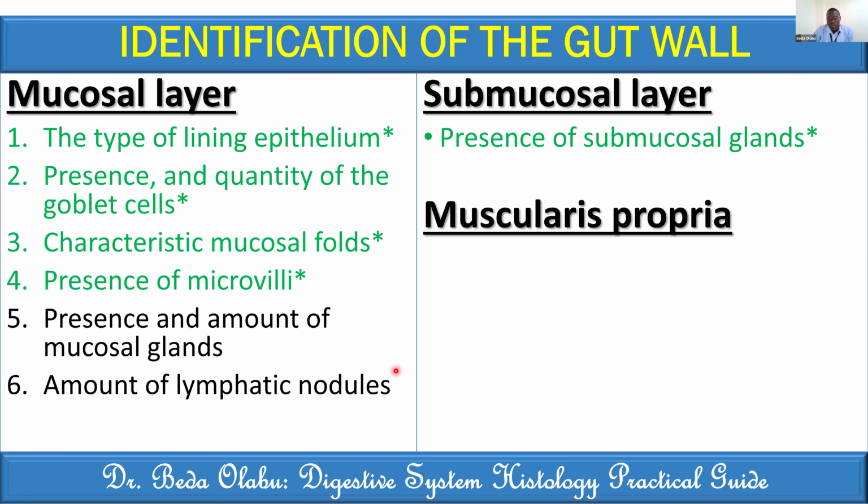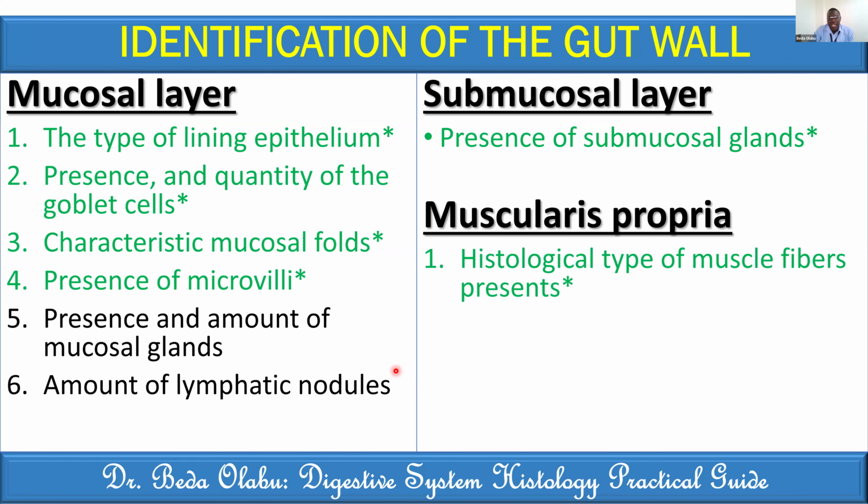For the muscularis propria, two things that I'll highlight, but I'll mention four. So the histological type of the muscles present is a key thing. If you see striated muscles and you know you're on the JT, then definitely you're either in the upper esophagus or in the pharynx. Or you're looking at some organs of the oral cavity.